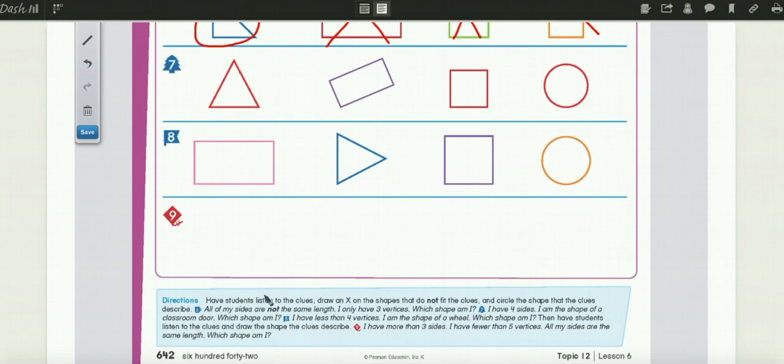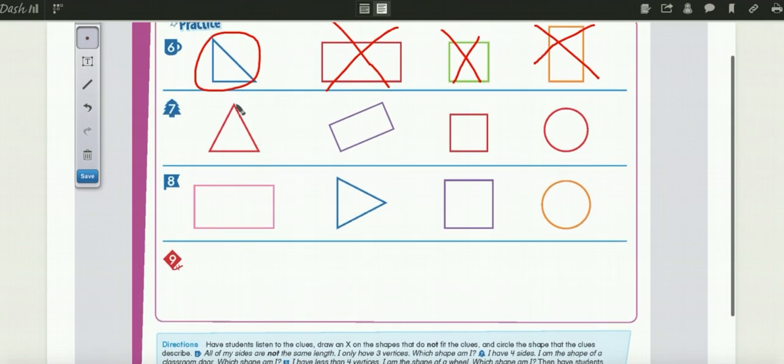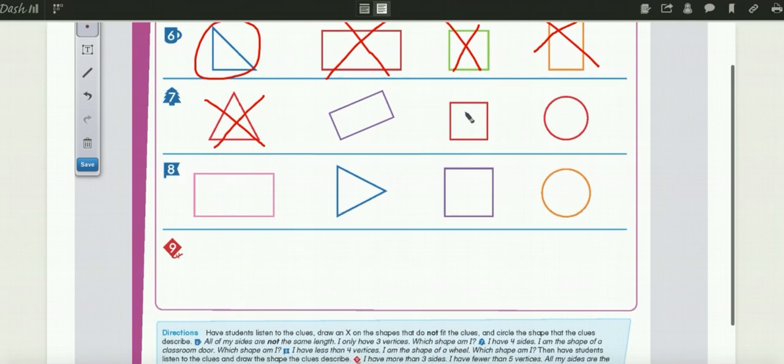Number 7. I have 4 sides. I am the shape of a classroom door. Does this look like a classroom door? Does it have 4 sides? No. What about this? Yes. Okay, let's look at the next one.